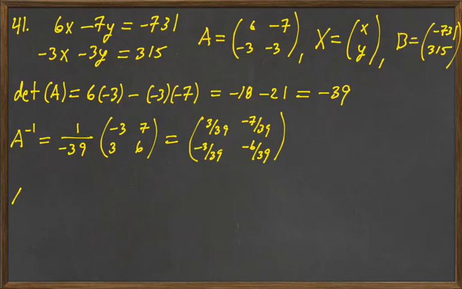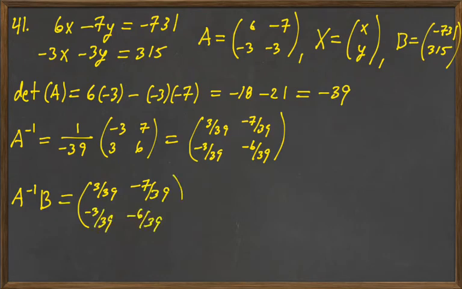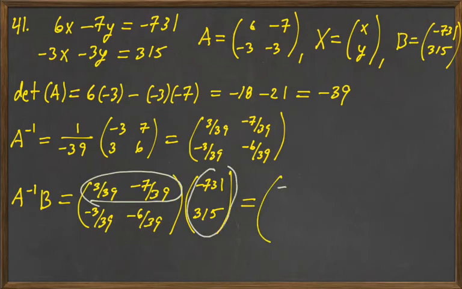Okay, so inverse matrix method, A inverse B. So here is A inverse. And here's B. Okay, so we'll do row 1 times column 1, so 3 times negative 731 will be negative 2,193 all over 39.